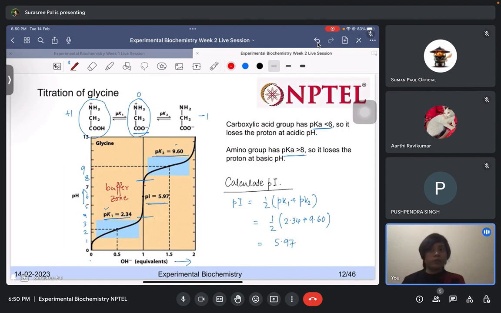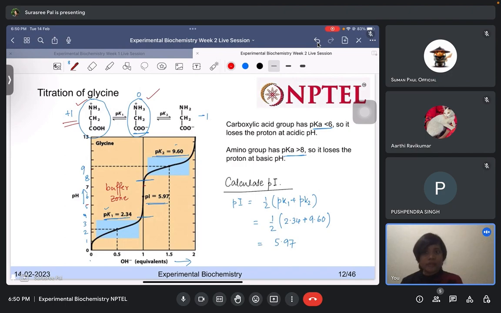So if we have to do titration of glycine experimentally, first of all you need to protonate glycine. You need to reach this particular state of glycine, which cannot be reached in normal water, because if you dissolve glycine in normal water, it will exist in this zwitterionic form and not in this protonated form.